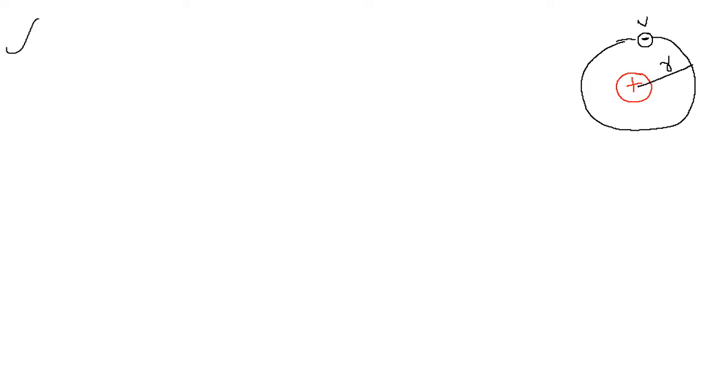So I can write the centripetal force, F centripetal, and that is provided by the electrostatic force between the positively charged nucleus and the electron. We know that the charge is some plus e for this one, and for the electron it is some minus e. So this is our nucleus. Basically, the hydrogen atom contains only a proton in the nucleus, and this is our electron.